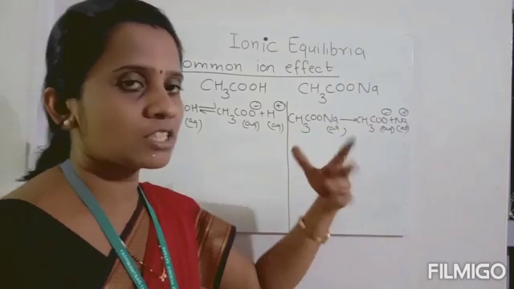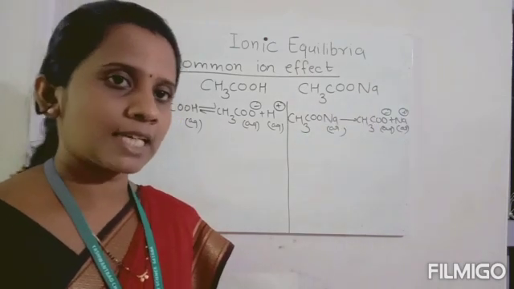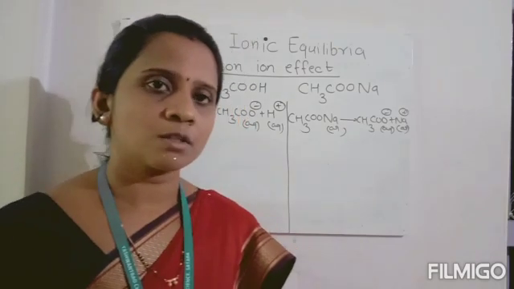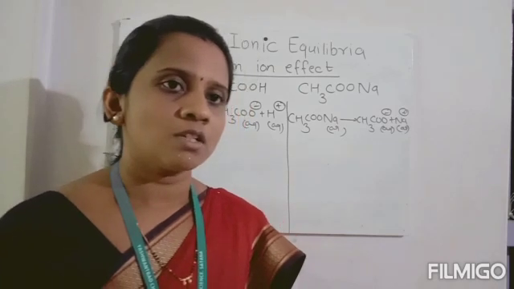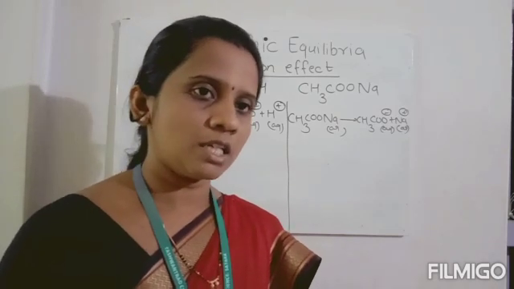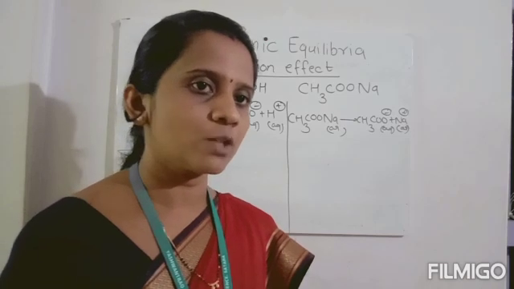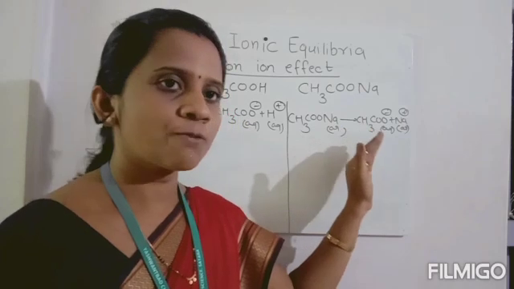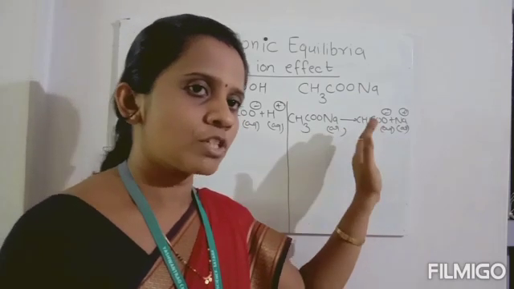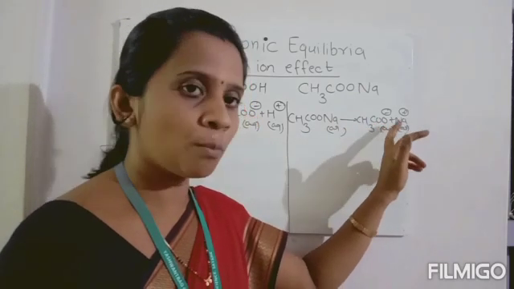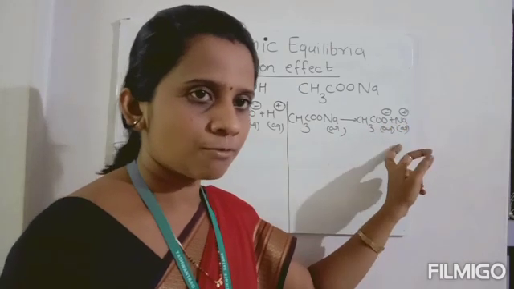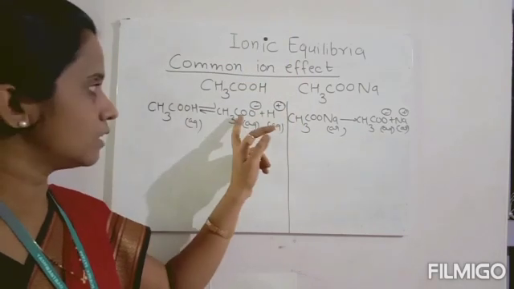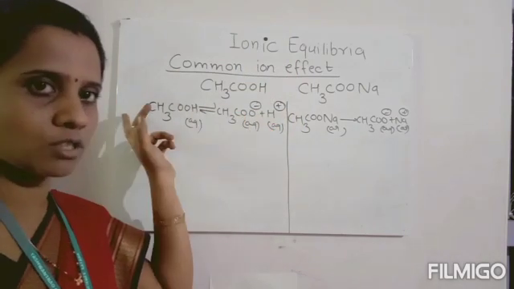what is explained in Le-Chatelier's principle? If an external stress is applied to the system, it will adjust itself in such a way that the effect of that stress is reduced. That means this addition of strong electrolyte which is producing CH3COO minus ions will shift the equilibrium of this acetic acid in the backward direction.